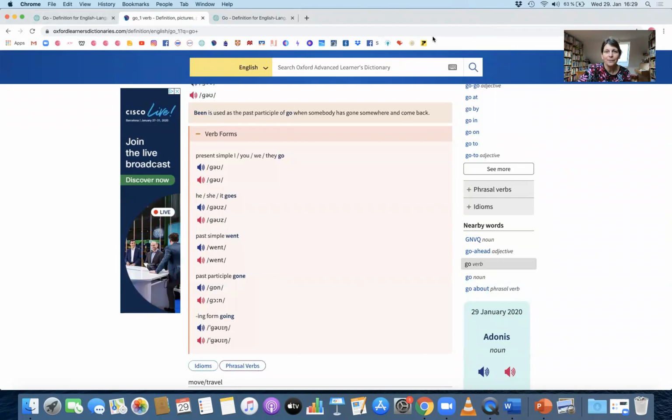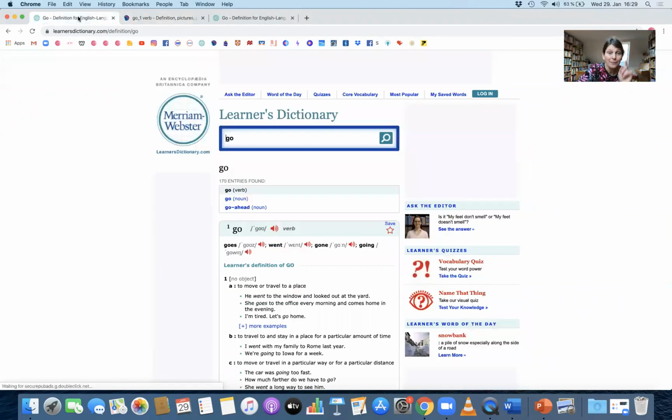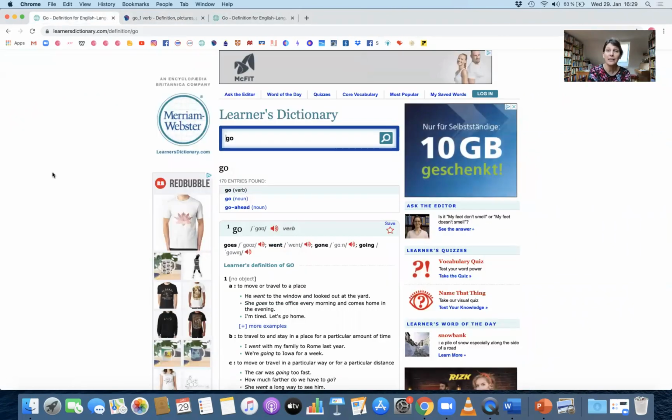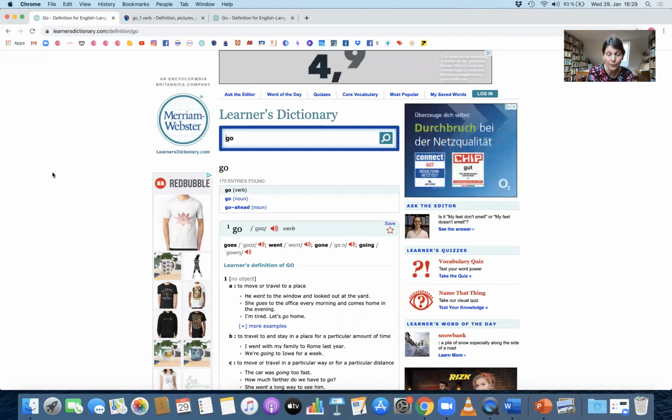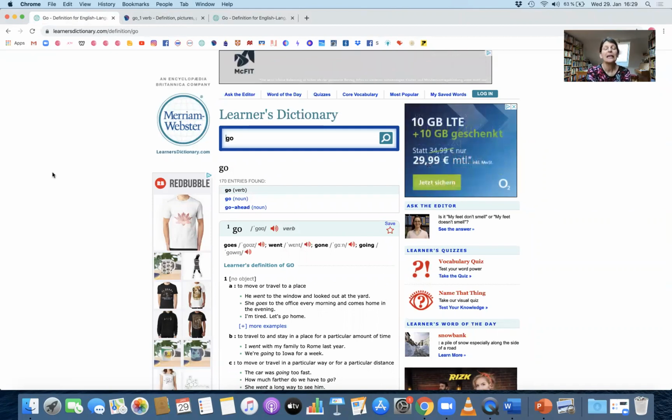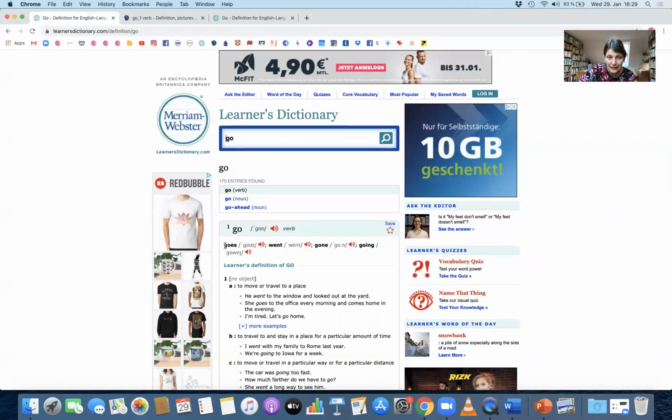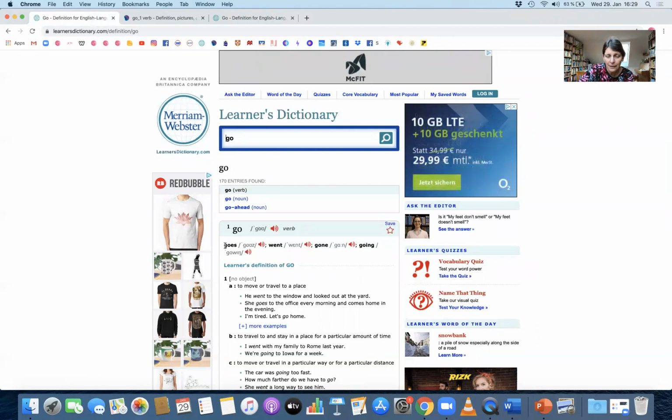Okay, so, oh no, I wanted to show you this. When you look words up in Webster's Learners, which I also love a lot, you will see that they also give you these forms. They give you the third person singular present tense, the simple past, the past participle, and the ing form, which is the gerund and the present participle.